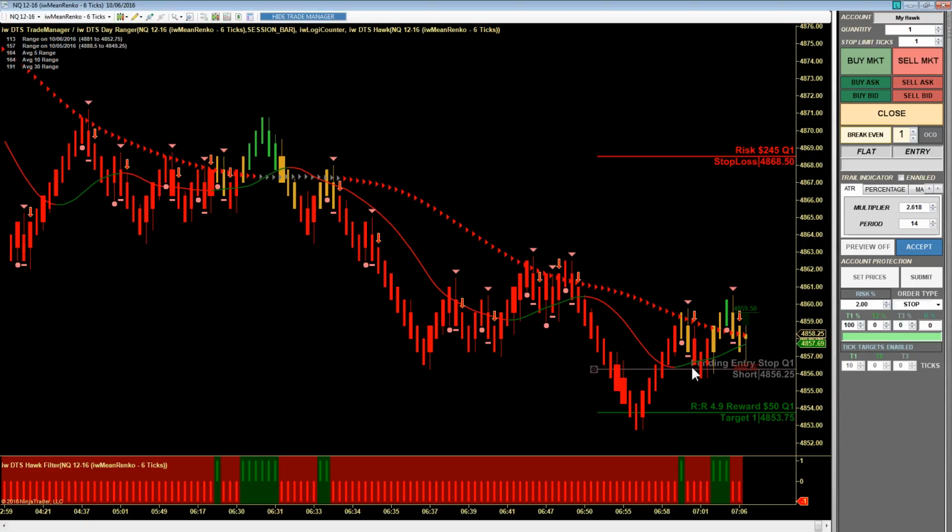And really all I'm looking for here is a retest of the low, a test of the extreme. If you wanted, you could do an OCO order here. Buy a breakout higher, sell a move lower.